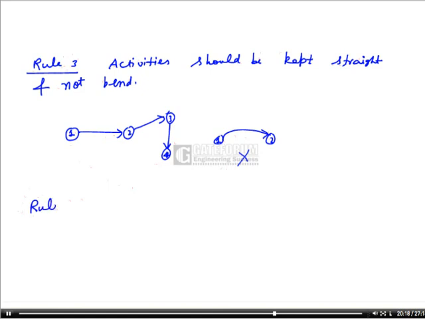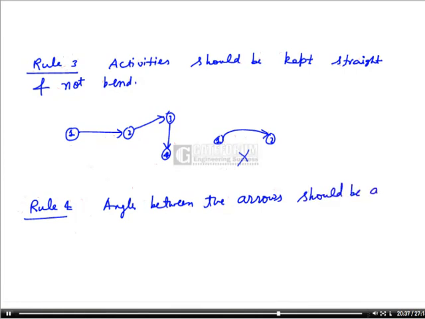Now rule number 4. The angle between the arrows should be as large as possible. Rule number 5.